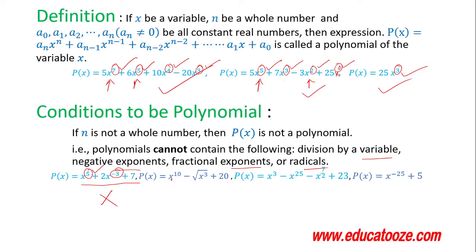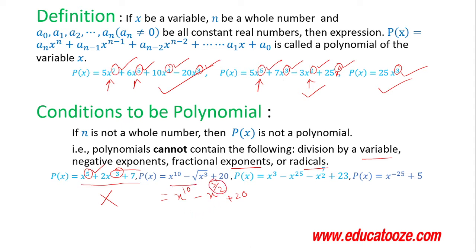Now again, if you take this example like x power 10 minus cube root of x cube plus 20, that can be written as x power 10 minus x power 3 by 2 plus 20. This particular power is not a whole number.